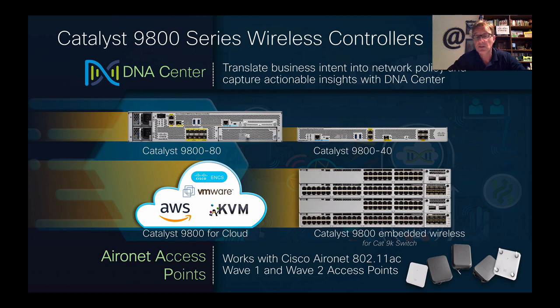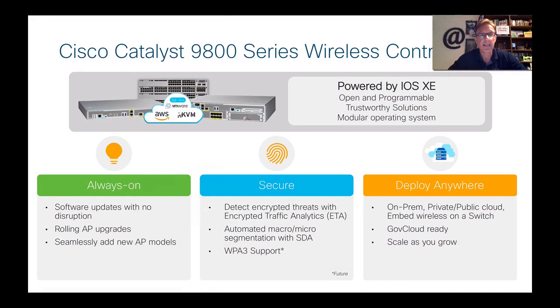Of course, the other piece of the solution is the access point. Wave 1 and Wave 2 are supported initially. Of course, when AX will be shipped, this controller will support the new APs as well. The Catalyst 9800 has been built new from scratch with a modular, highly available and scalable software architecture made for wireless and powered by iOS XE.